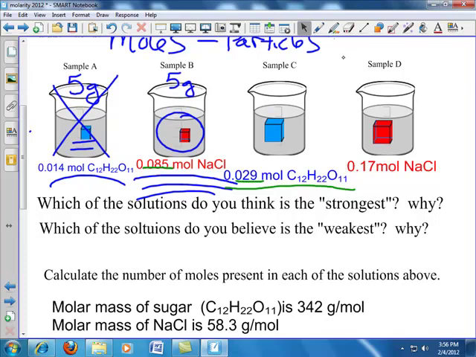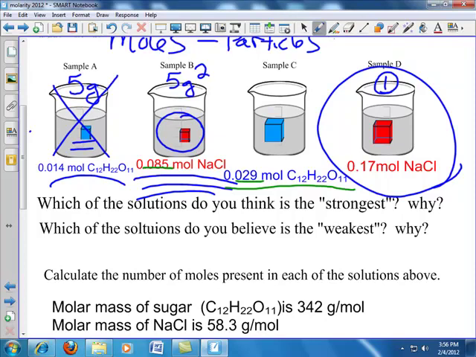So in terms of moles, sample D actually has the most particles in the 50 milliliters of water. So sample D is actually the most concentrated, and probably by surprise, sample B is the second most concentrated. Then it's sample C, and then it's sample A.